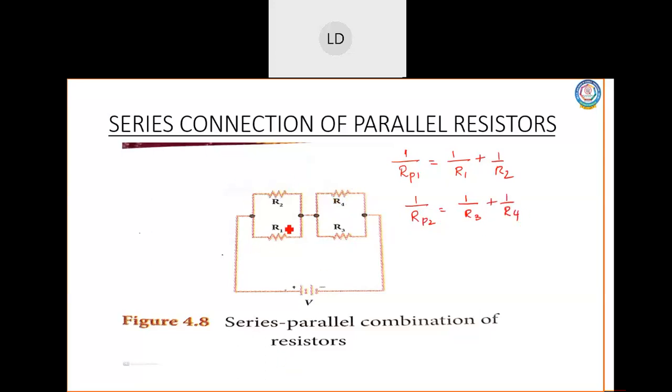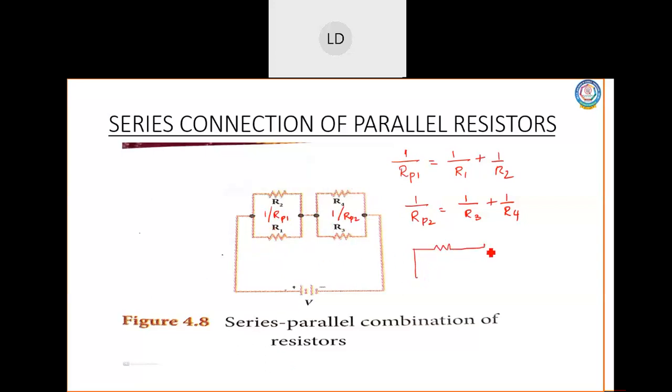Now this is the effective resistance. The effective resistance is Rp1, children. Here the effective resistance is Rp2. Now these two combinations are connected in series. When I redraw this, how will my circuit be?